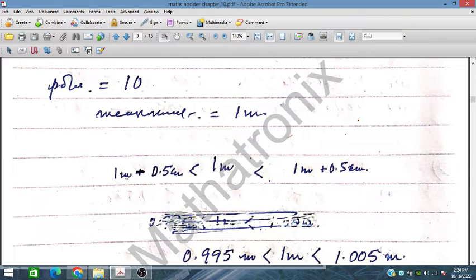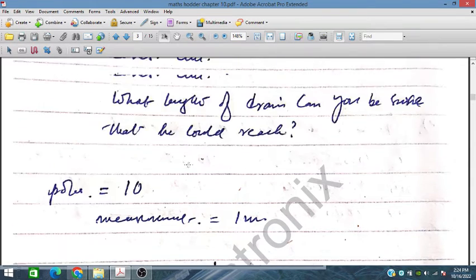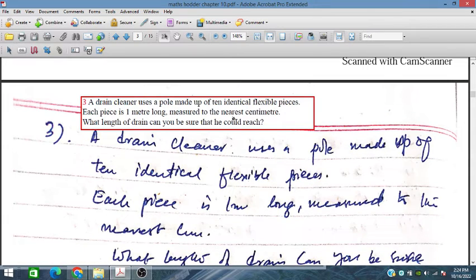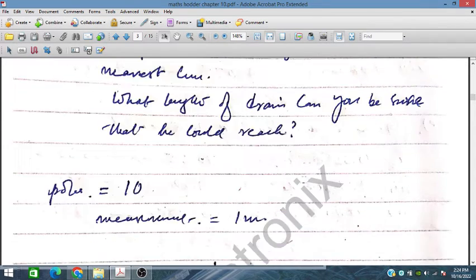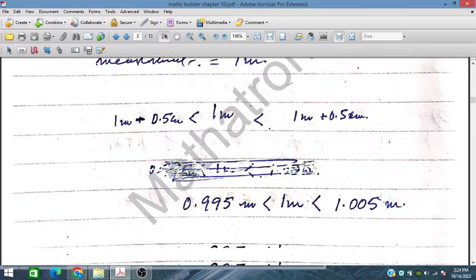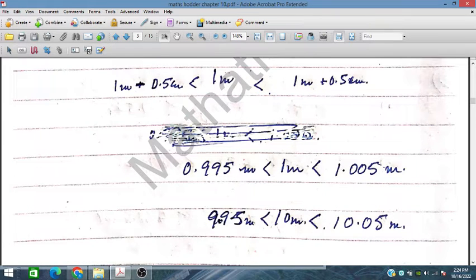So each pole is measured to the nearest centimeter. 1 meter is equivalent to 100 centimeters.